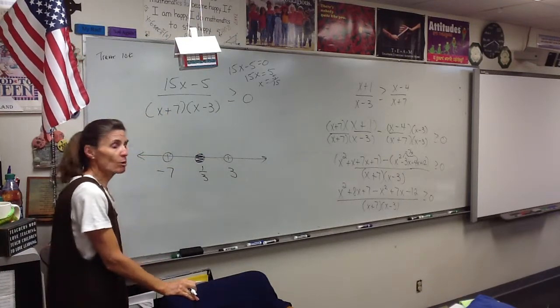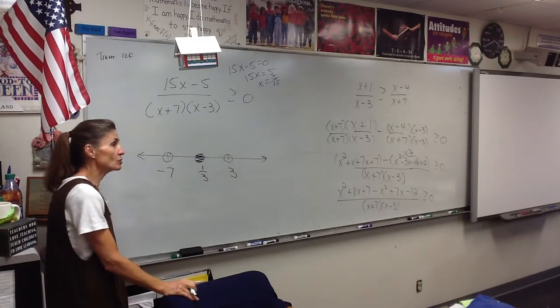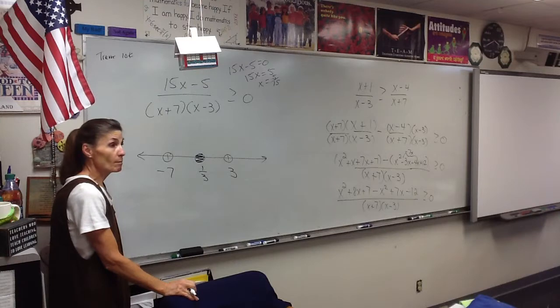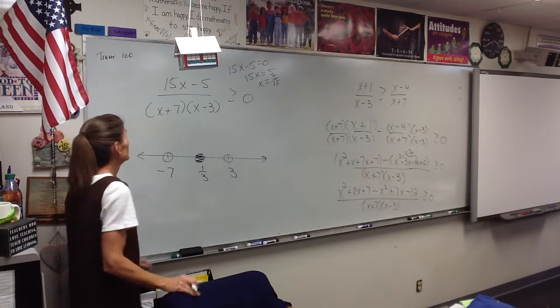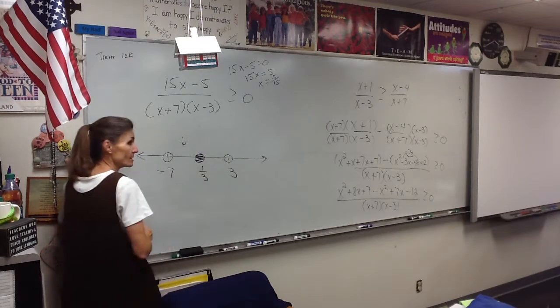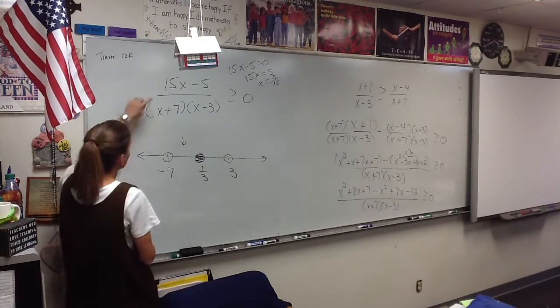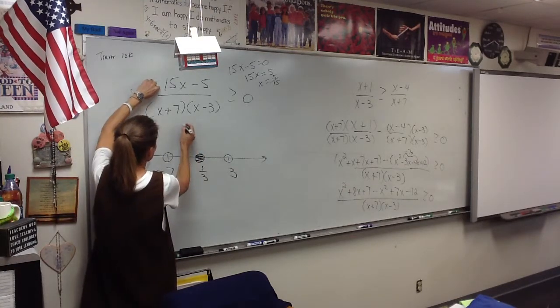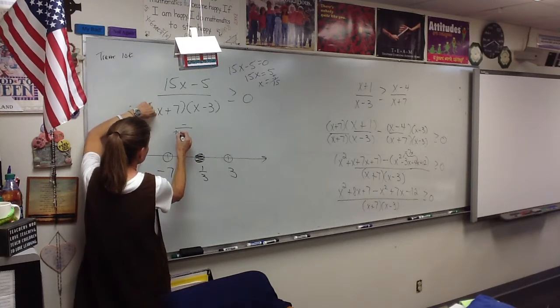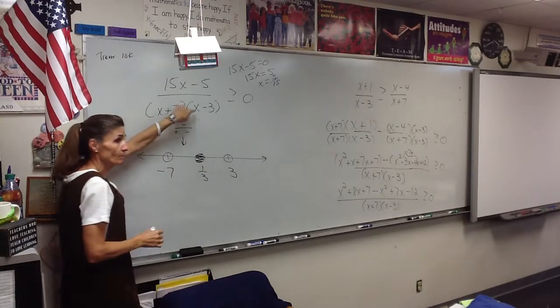Nothing odd about this problem, no squares, so I will need to check one number. So pick a number, 0. And 0 is right in here, so I'm checking this area, 0. The top would be negative. This would be positive, and this would be negative.